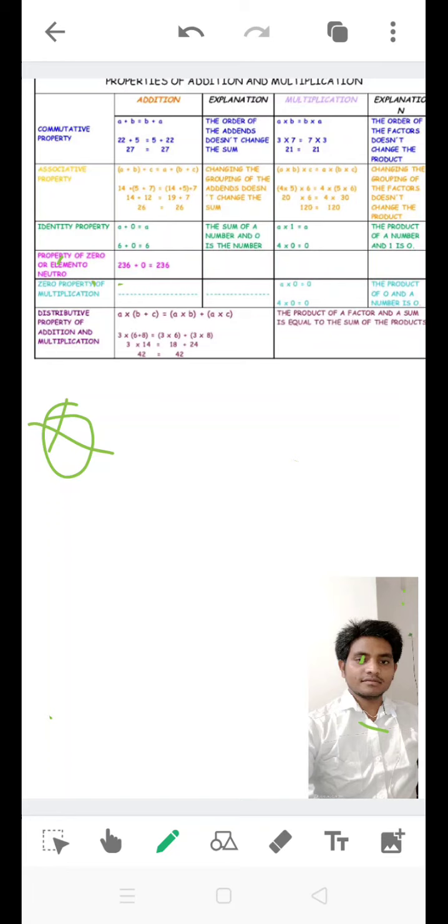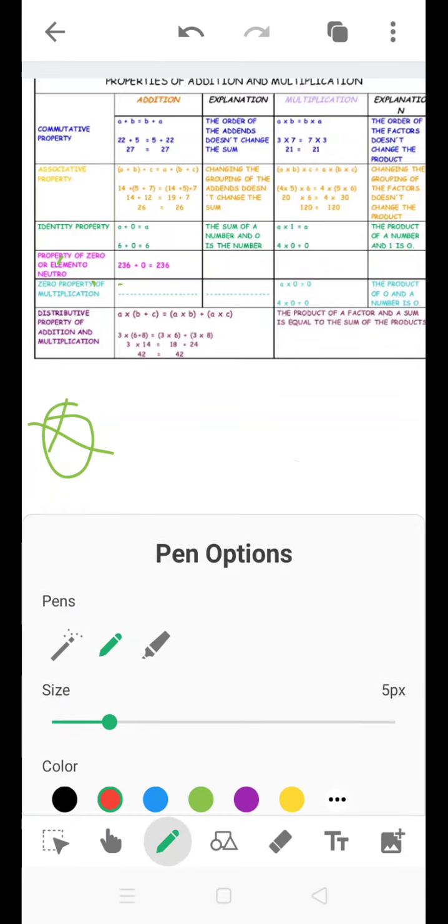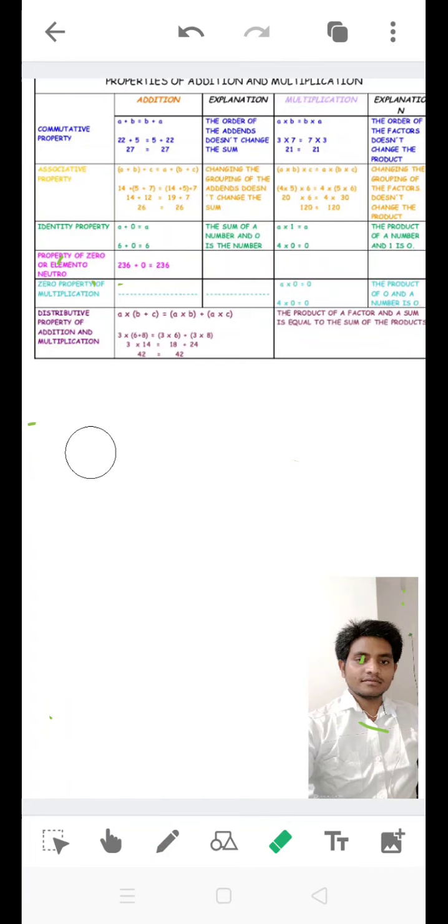When two positive integers are added, we get a positive integer.